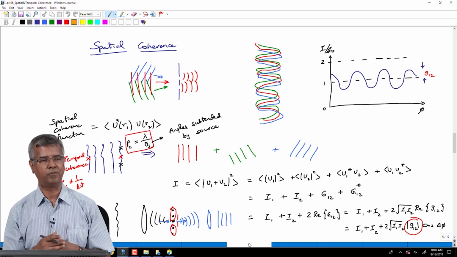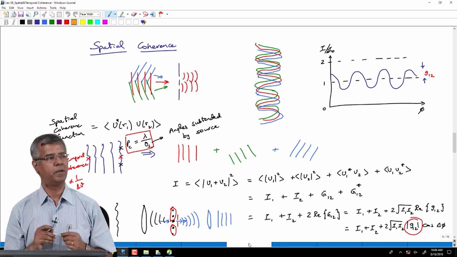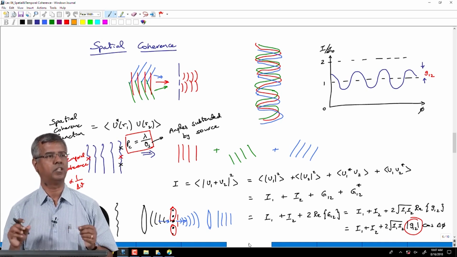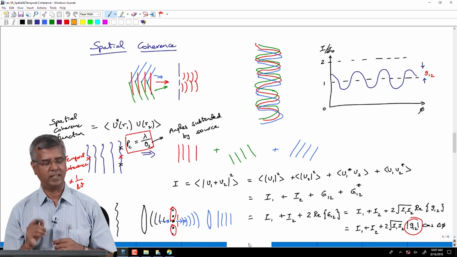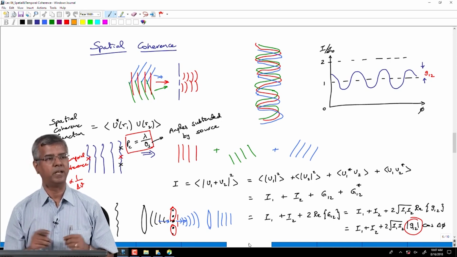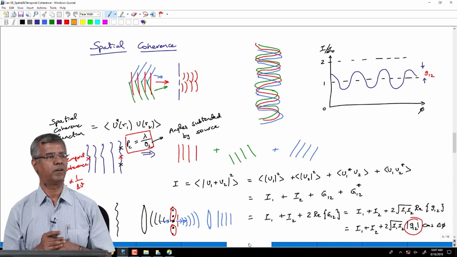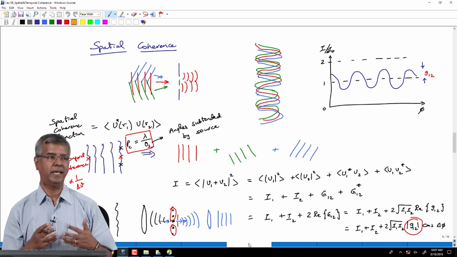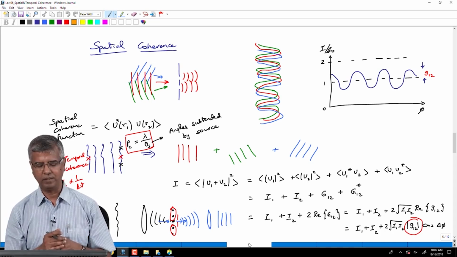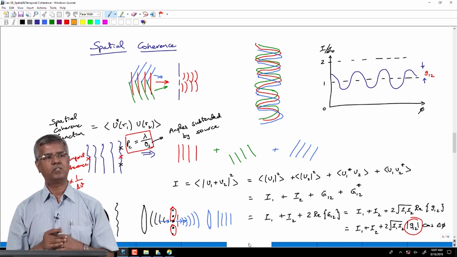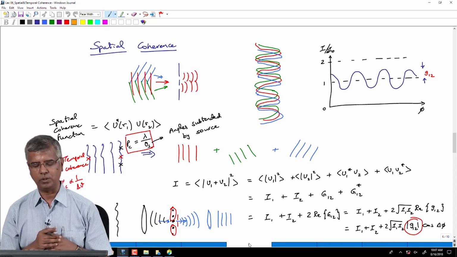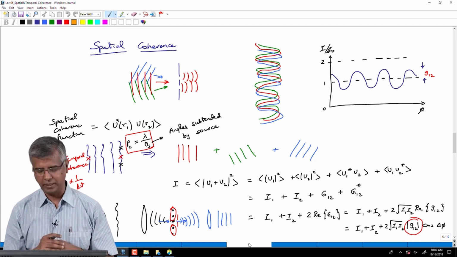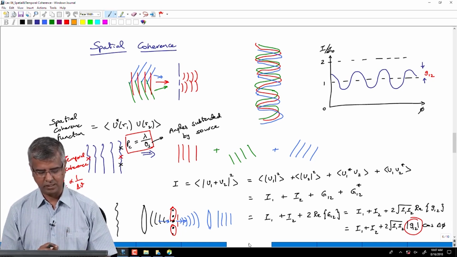On the other side, if you have a very well collimated source, the direction of which can be determined by just one particular angle, then we say it is a highly spatially coherent light wave. So, this is just talking about the randomness with which we are encountering this light, and these are essentially measures of that randomness.